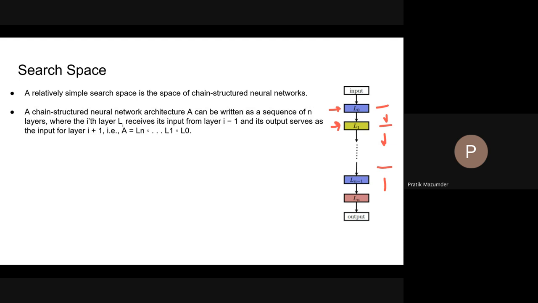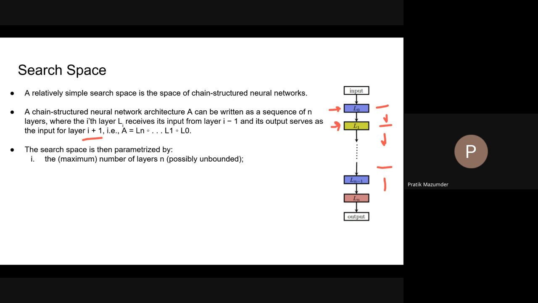So a chain structured network architecture can be written as a sequence of n layers, and the ith layer will receive input from the previous layer, the i-1 layer. Okay, and the output of the ith layer will serve as an input for the i+1. So it's a simple feed forward connection.